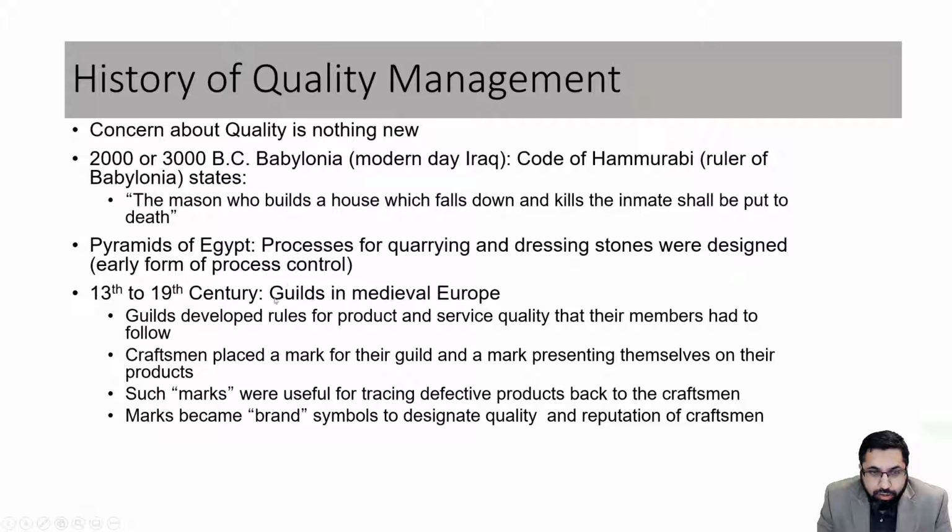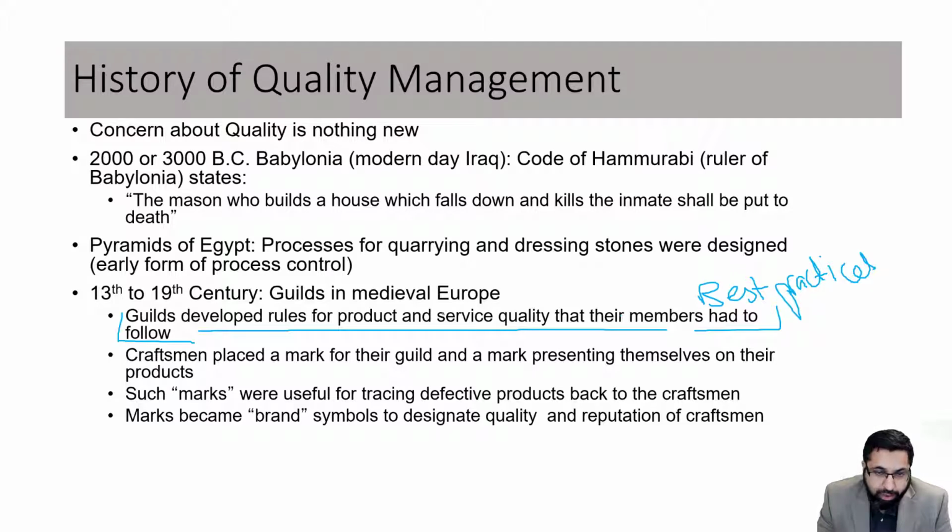Guilds were groups of craftsmen, and they would say, we have our standards for quality, and the members must follow these best practices, so that any customer who buys a product made by a member of our guild can expect a certain level of quality.